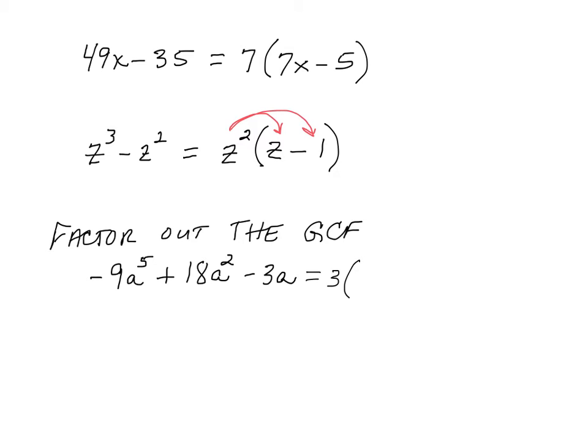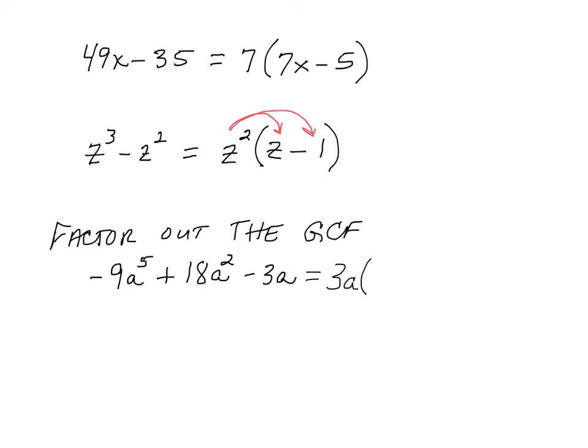Well, 9a to the 5th. Oh, my goodness. No, I'm not finished. How did y'all let me do that? The numerical part is 3. But the a part is going to be what? What's common as it relates to the a's? It's just a. The smallest exponent on the a is 1, so we keep the a. Then we divide it out.